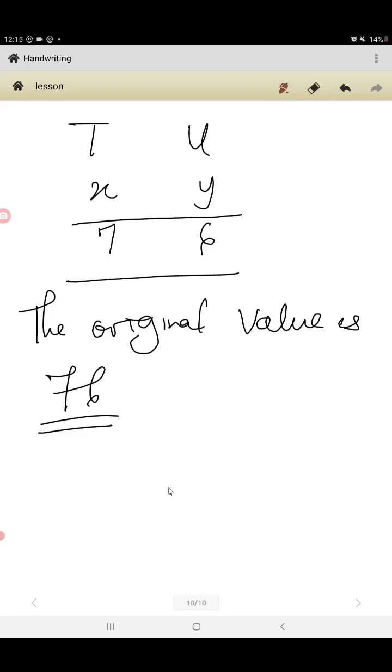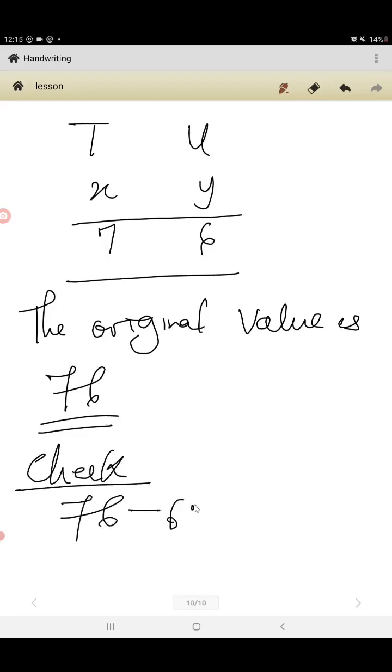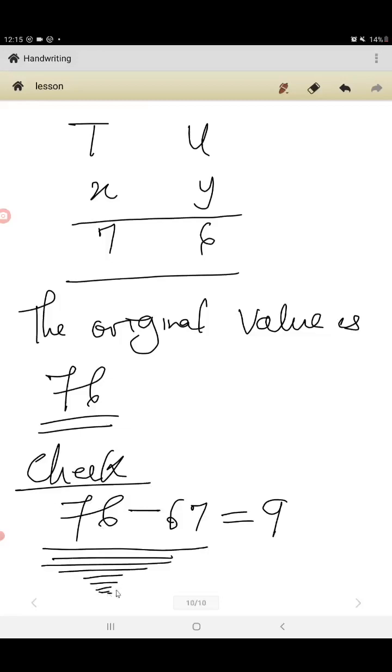So to just check our analysis, if this 76 is reversed to 67, you know the difference will give us 9. This is what he's trying to explain, that if the original number is reversed, it exceeds by 9.